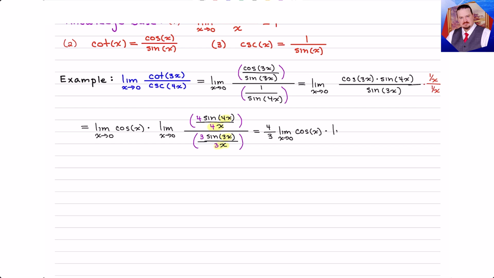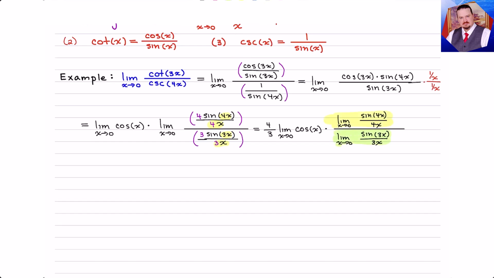3x times. Okay, well now we're going to do it as we did on the last problem. The limit of the quotient is the quotient of the limits. So we're going to separate this into the limit of the numerator and denominator. So in the numerator, we obtain the limit as x goes to 0 of sine of 4x over 4x. And in the denominator, we obtain the limit as x goes to 0 of the sine of 3x over 3x.